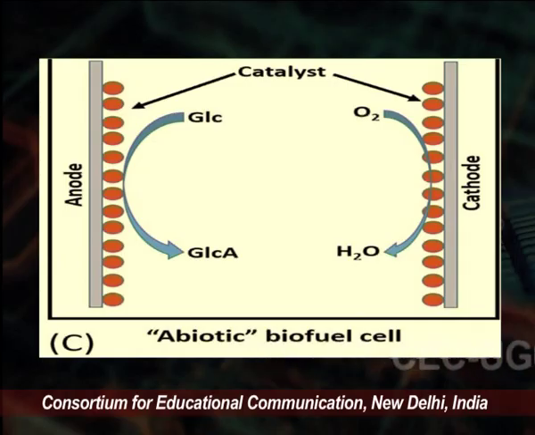You can see the glucose, moreover oxygen and H2O, and it will work in the same manner, but the catalyst we use is of a different type, like nanoparticles, because we are using these cells for biomedical purposes. So, this is the abiotic biofuel cell.